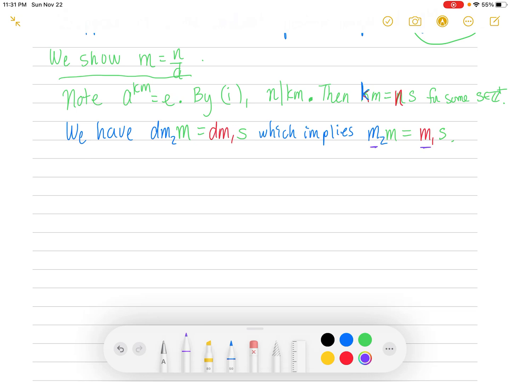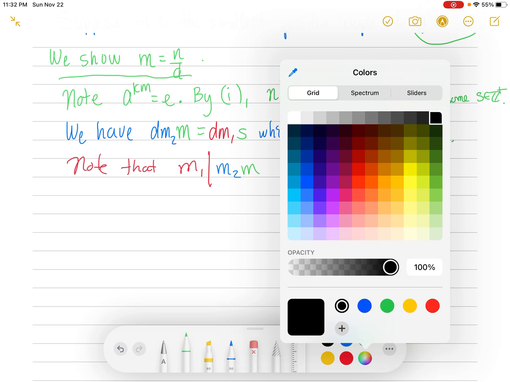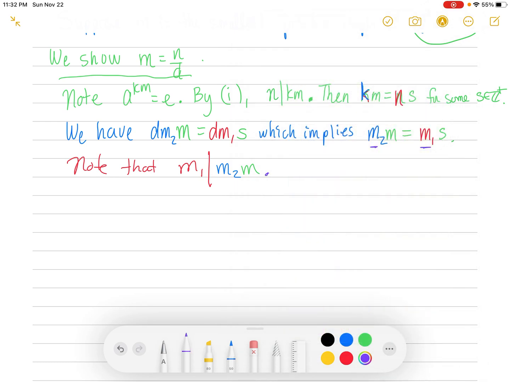Okay, so first, note that m1 divides m2m. Right, m2m is a multiple of m1, so m1 divides m2m. But here comes into play the relatively prime part.